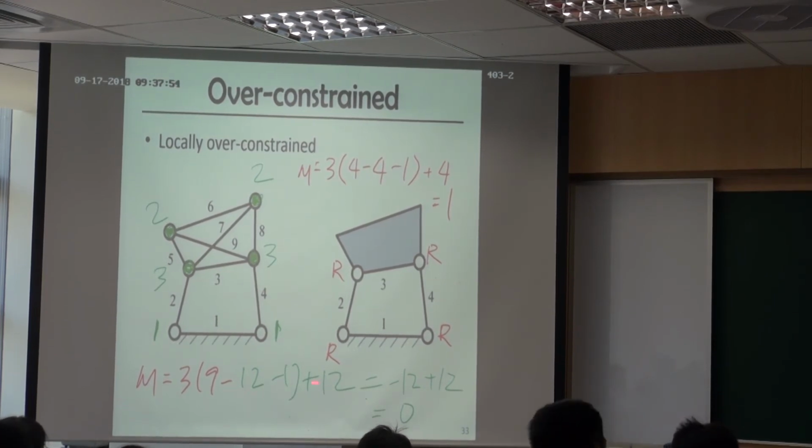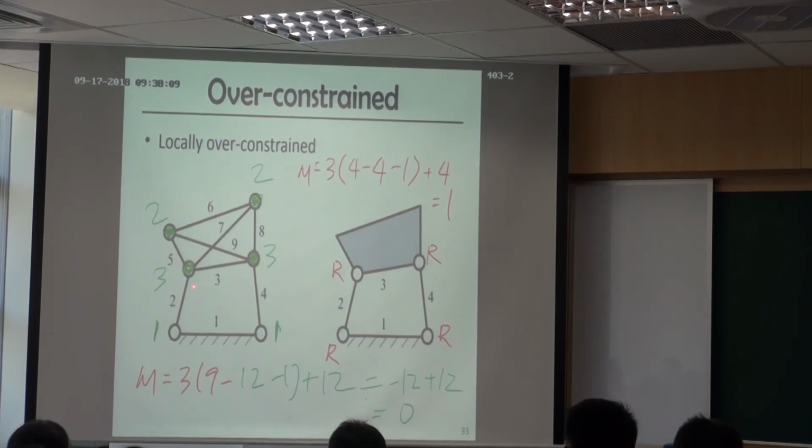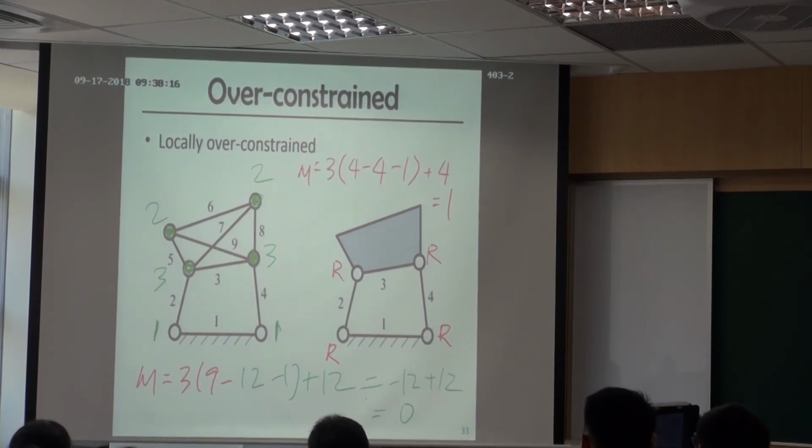Why is it happening? What caused the equation to generate wrong answers? You all agree this one has 1 degree of freedom, right? It's movable, it's not a brick. But why is this equation giving us a wrong answer?